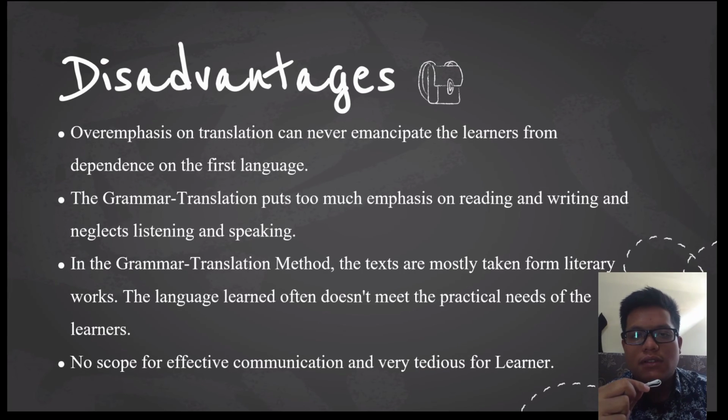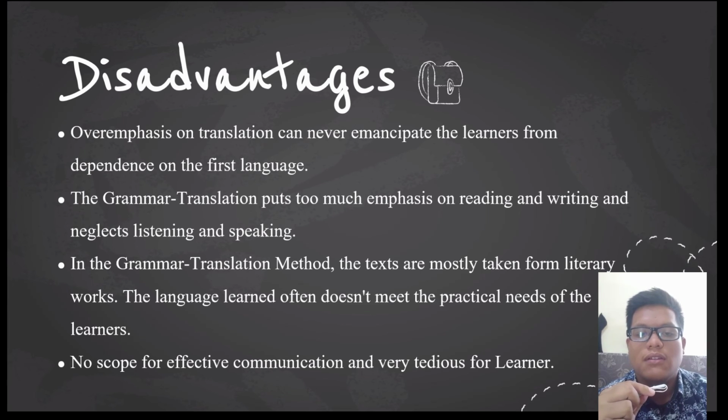The disadvantages of the grammar translation method. One, overemphasis on translation can never emancipate the learners from dependence on the first language. Two, the grammar translation method puts too much emphasis on reading and writing and neglects listening and speaking.